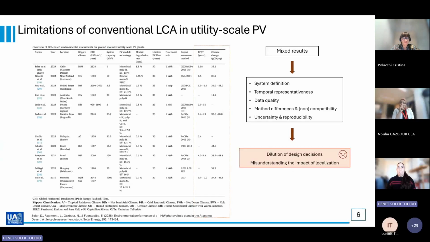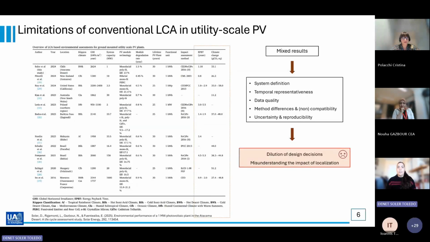But the principal point is that all these studies have not represented very well the different typologies of components, and it is difficult to understand if these different results are because not all the characteristics of the PV plants are considered.